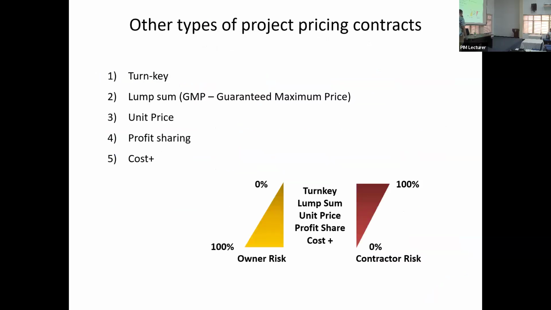Now let me come to pricing. This is the important thing. When you have done the costing, then you got to do the pricing. The costing is the easy part. Pricing is the difficult part. Let's say there is a tender. 5 people are going to tender.